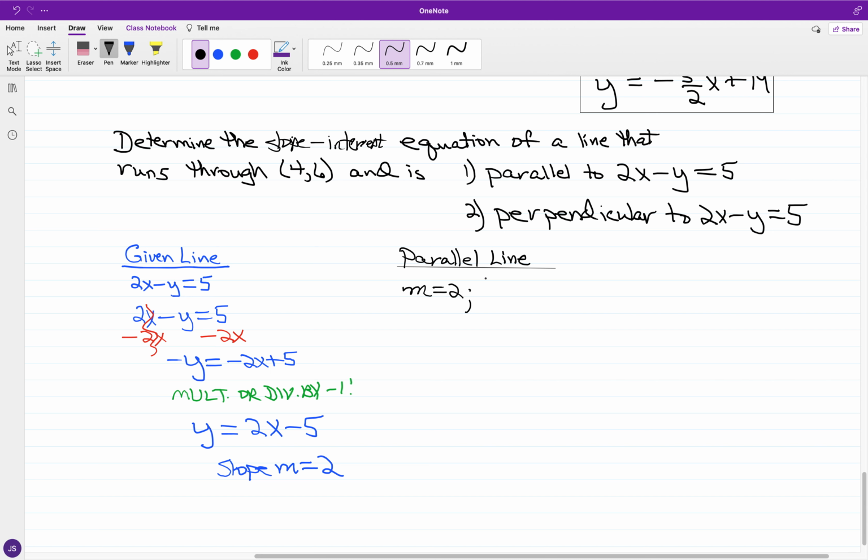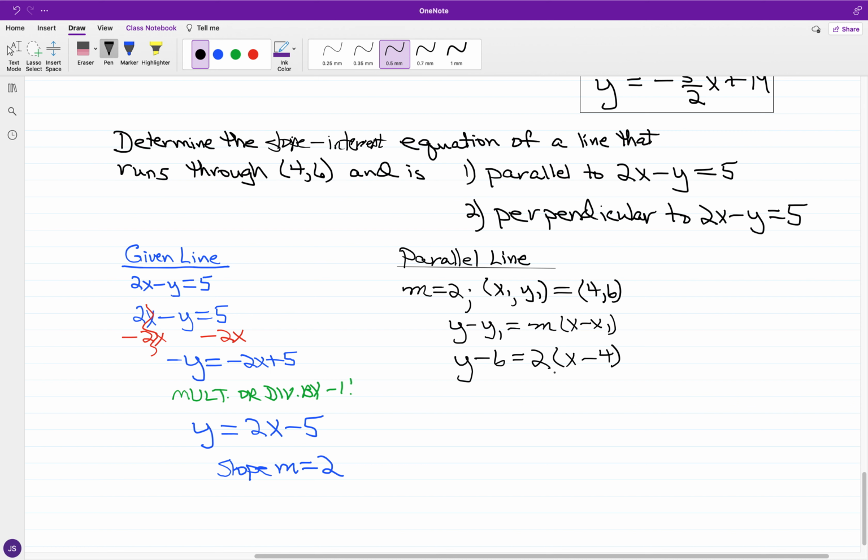Again, the point through which the parallel line is going to run, okay, so you have 4, 6. And just setting things up, through the point slope pathway, I have y minus y of 1. Okay, so I have y minus 6, and for the slope m, 2, times the quantity of x minus 4.